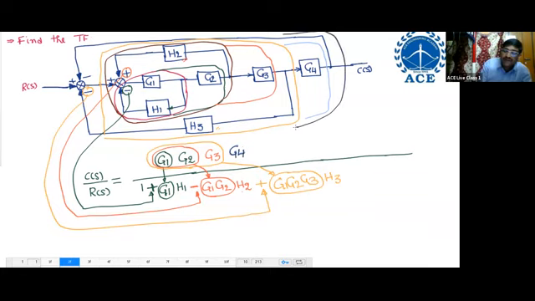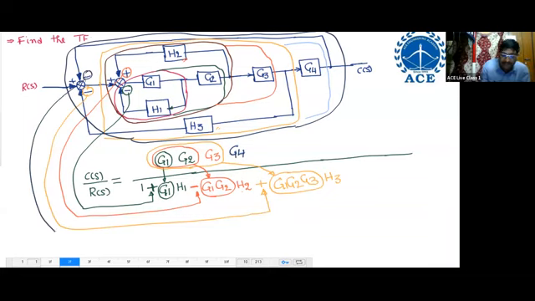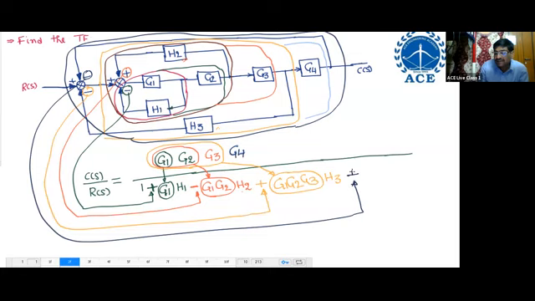All these blocks having a unity negative feedback like this. Unity negative means what happened here? Negative means opposite sign.